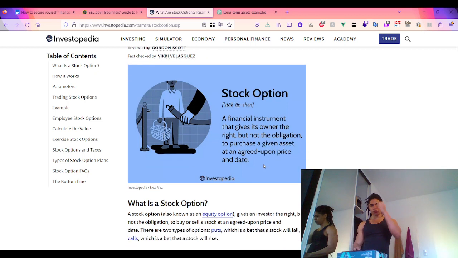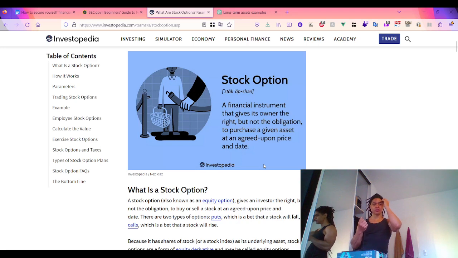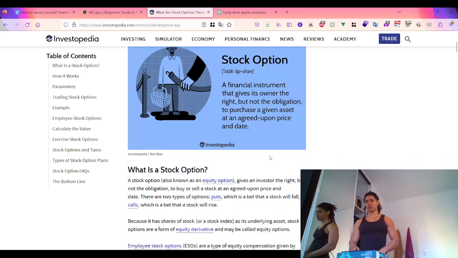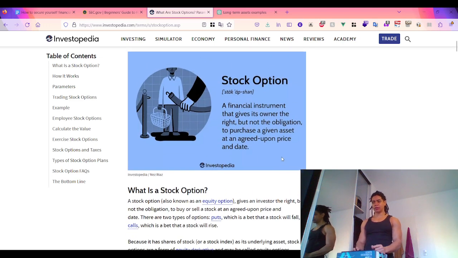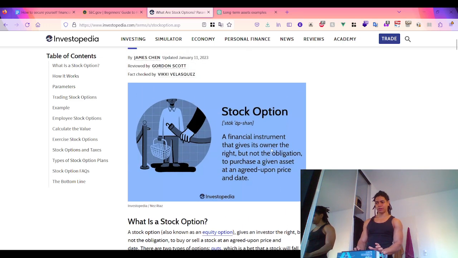If I hold this stock option, I have the right but not the obligation to purchase at an agreed upon price and a date.